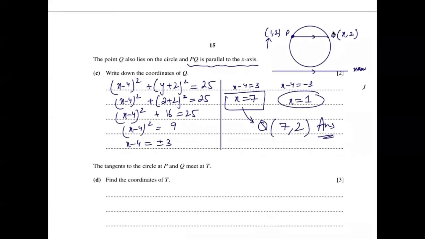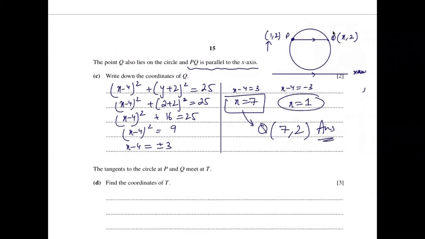Is this clear? I didn't get it. How did you get x equals 4? Did you plug in the center of the circle coordinates into the equation of the circle?